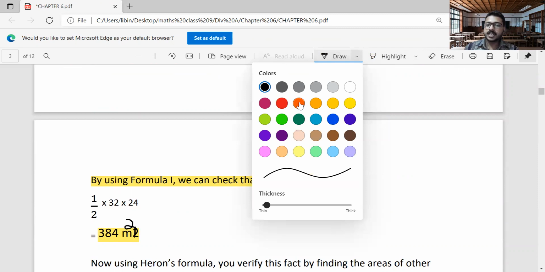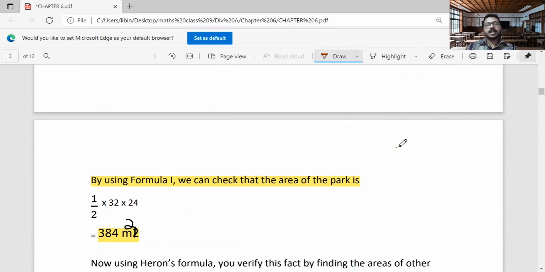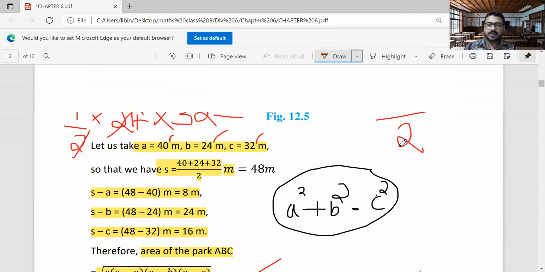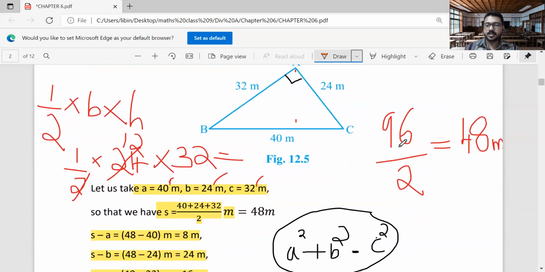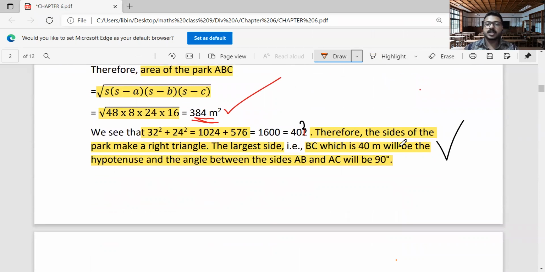So we have seen in both the ways that the area of triangles can be found out using Heron's formula if there is nothing mentioned about the height of a particular triangle.